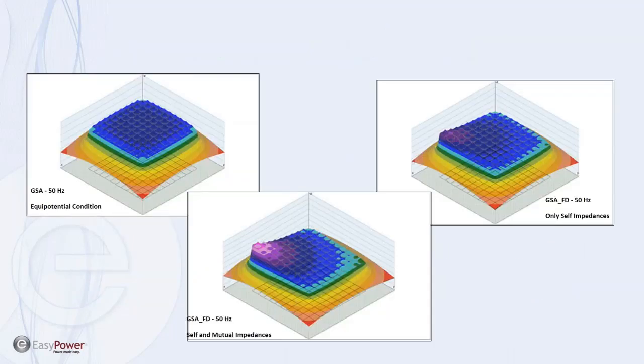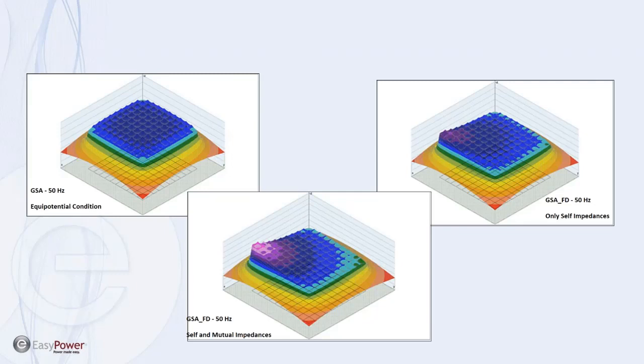This is a slide showing the importance of including the self and mutual impedances and showing what you get when you make that equipotential assumption. On the top left, you can see the same grid modeled 3 times. With the equipotential condition, the ground potential rise is exactly the same everywhere in the grid where there's a conductor.